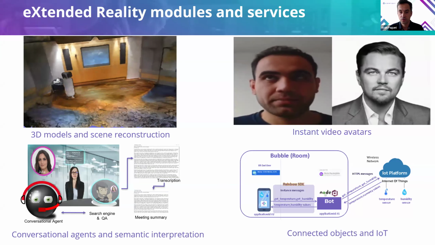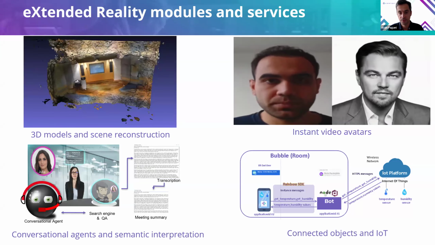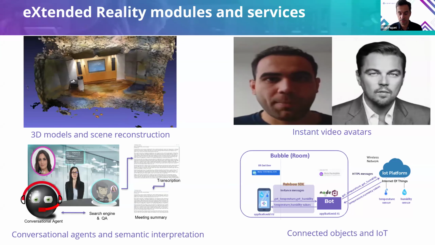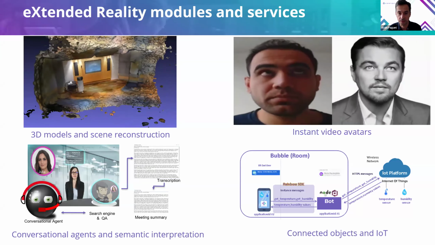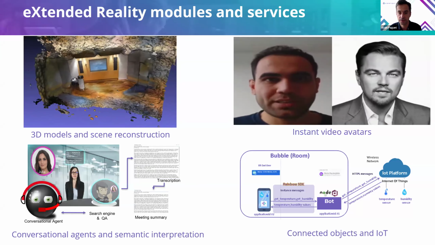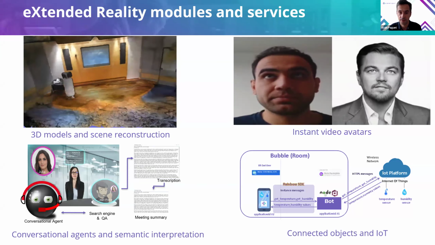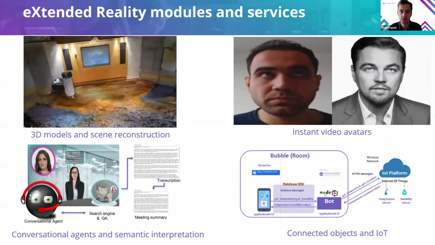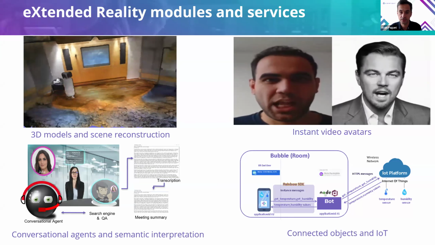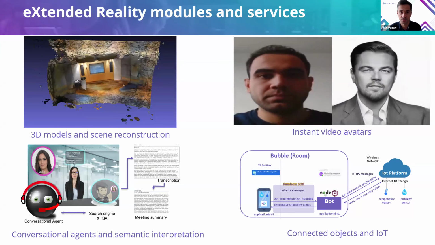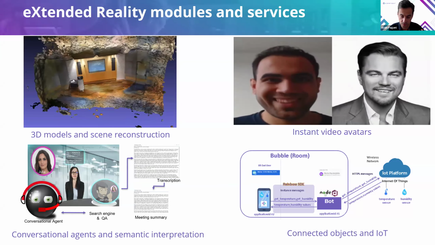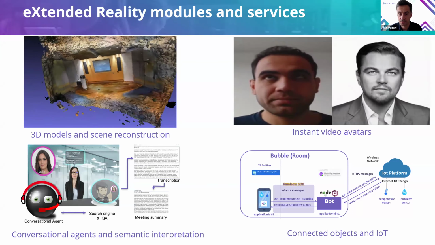Below you have the conversational agents and semantic interpretation. This is something very useful when you have multiple people interacting and discussing. So we have an AI agent that is listening to the conversation, can automatically create summaries of the discussions, and can also transcribe the spoken language into text.